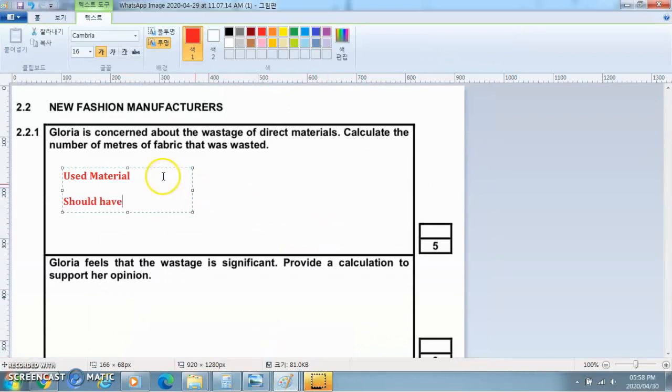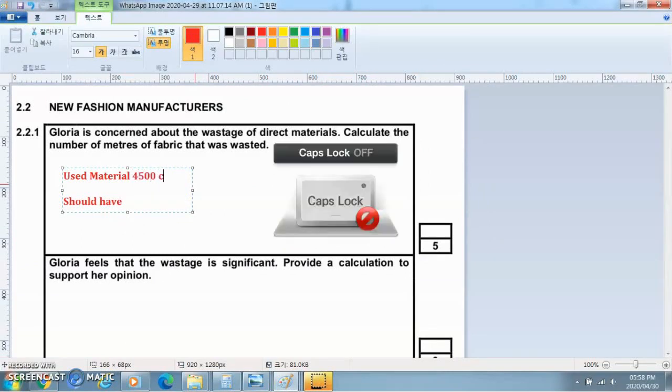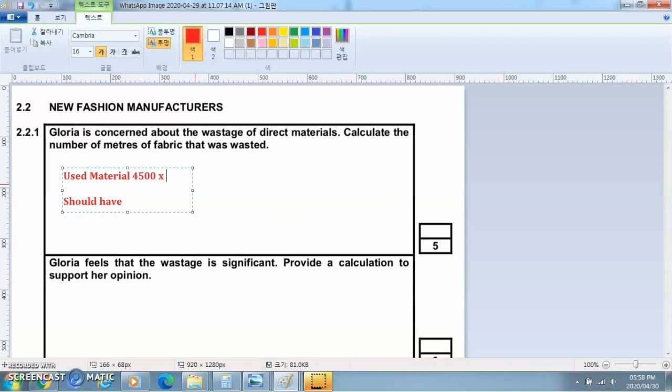Okay, so we'll say here in our used, 4,500 multiplied by 2.5, right?